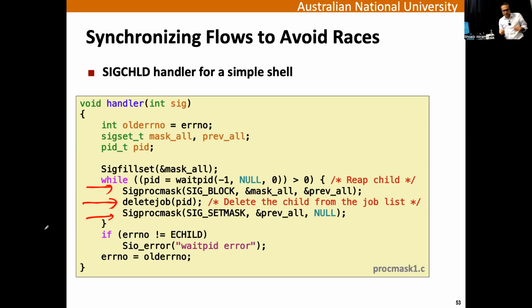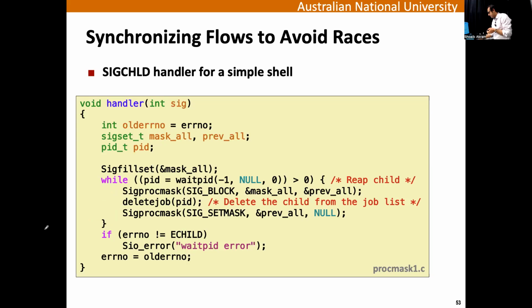So the flow is that the main program will create a job and add it to a data structure. The data structure I'm not showing, okay? And the child handler will delete the job. Whenever the kernel tells the process that the child process has terminated, we need to delete the job from the list, right? Because we added the job when we forked the child.